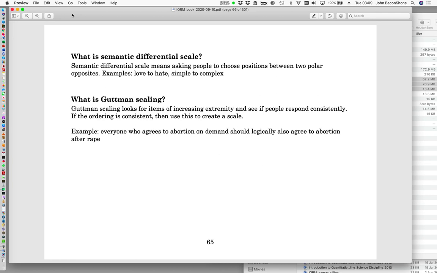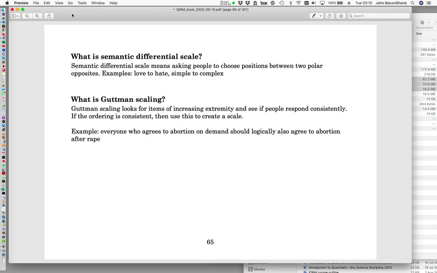We might then ask separately, do you agree that women should be able to choose to have an abortion after they've been raped? So logically, if you agree to abortion on demand, you should also agree to abortion after rape, right? But if you agree to abortion after rape, you may not also agree to abortion on demand.